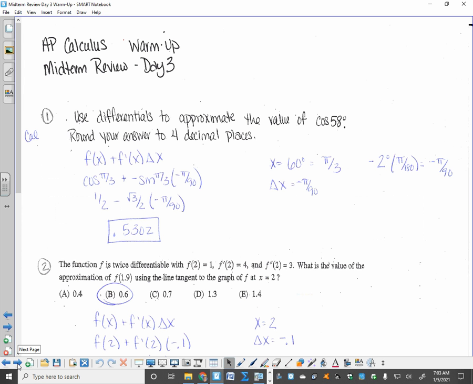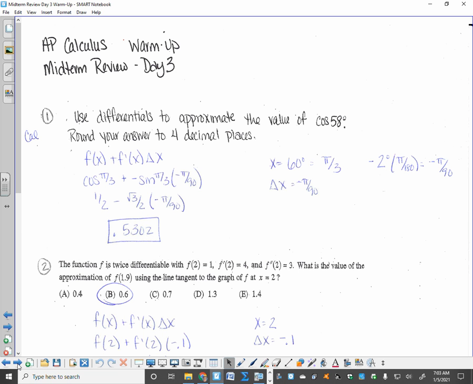Okay, so it's already been filled in, so we're just going to talk through this, so it should go faster. It says use differentials to approximate the value of cosine of 58 degrees. And one of the most important things is to remember that you cannot use the approximation formula with degrees.